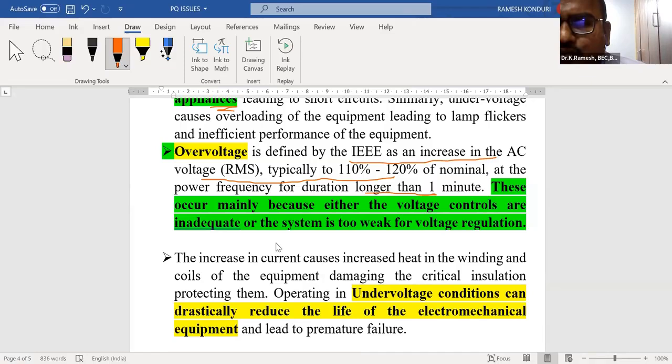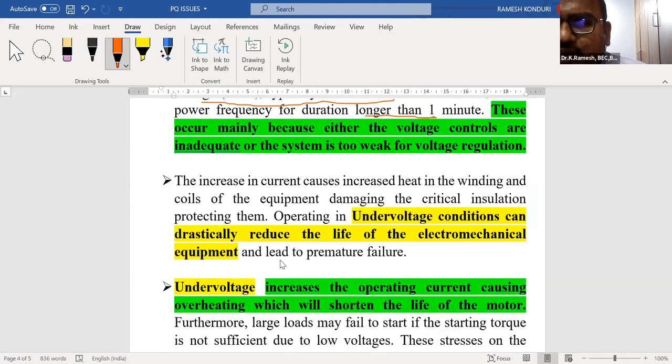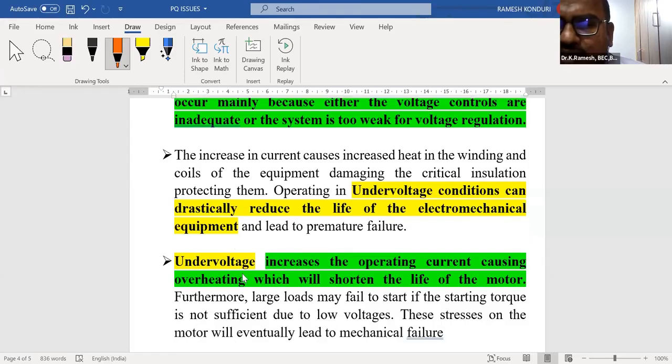And apart from this, we will be having under voltage conditions. Under voltage is the reduction in the level of voltage, which drastically reduces the life of the electromechanical equipment. These under voltages increase the operating current.